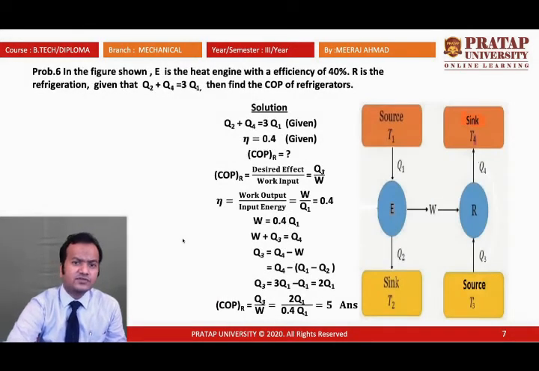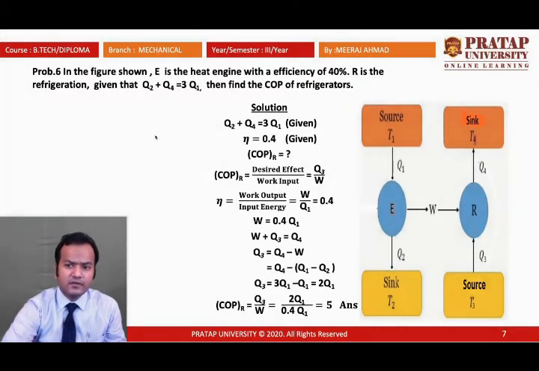Now move to the next question. This is a very important question from the subjective point of view. Look at the figure shown: E is a heat engine with an efficiency of 40%.